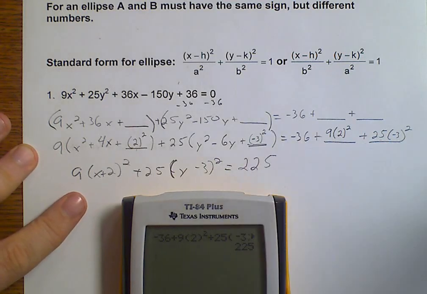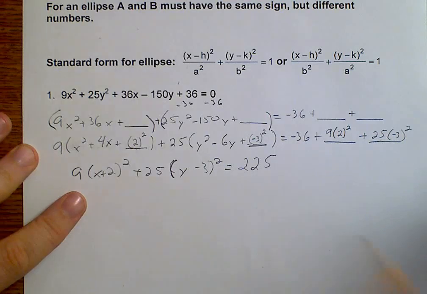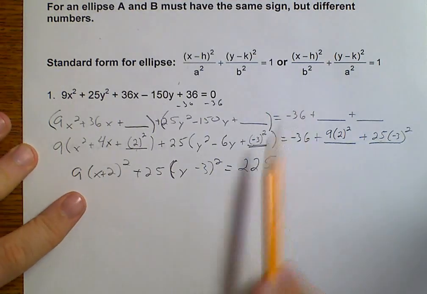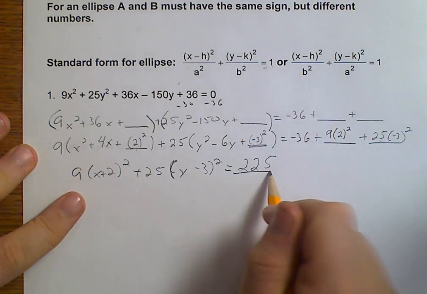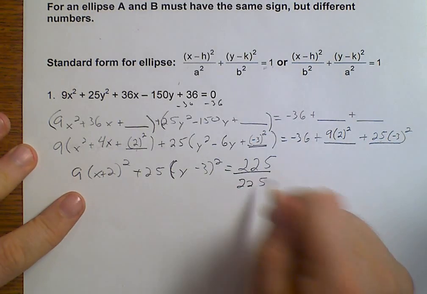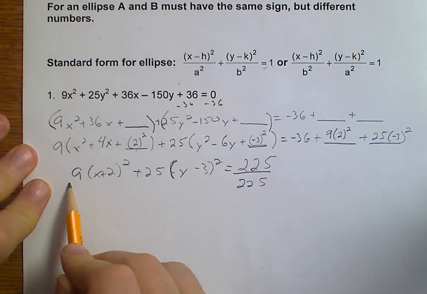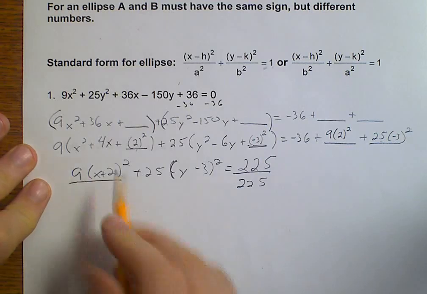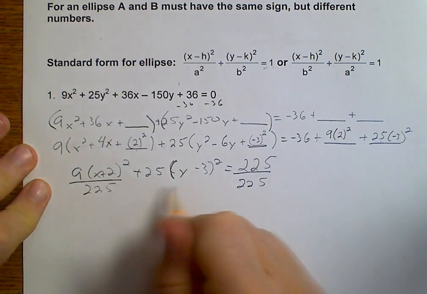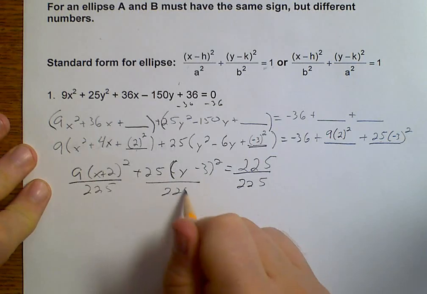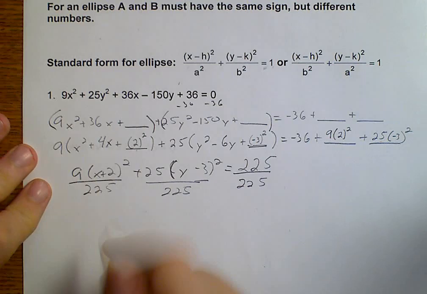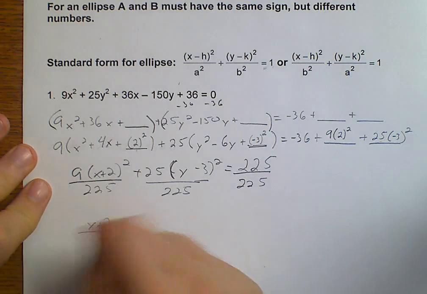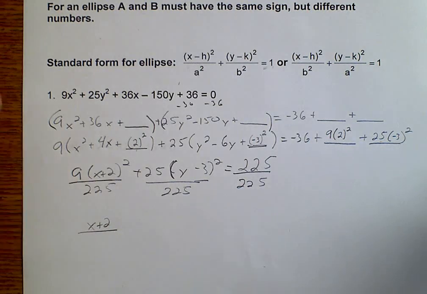225. Now, if you'll notice, on standard form, we have to have a 1 out here. So I'm going to need to divide this by 225 to make it work, which means I need to divide this by 225 and this by 225. So let's see what that gives me. Well, this is going to be x plus 2 over something. If I do 225 divided by 9, that gives me 25.